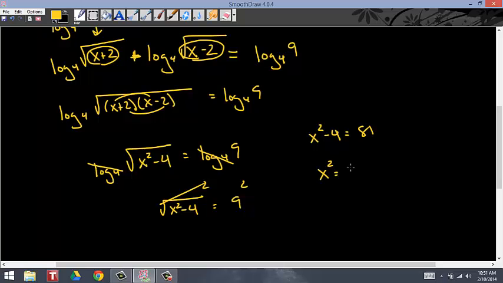X squared is going to equal 85, and x is going to equal plus or minus the square root of 85, which is about 9.2-ish, halfway between 81 and 100, closer to there, plus or minus. But here's the thing: in all logarithm problems where there's an x in the answer component, we have to check our answer.